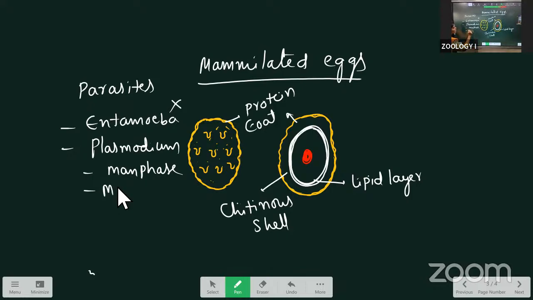Mosquito phase is also called the Ross cycle. Next, Ascaris life cycle.